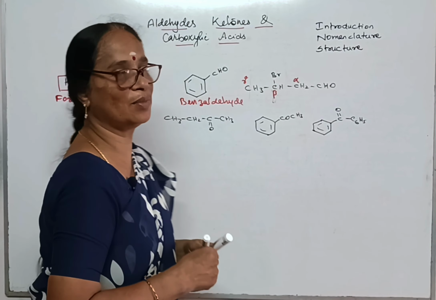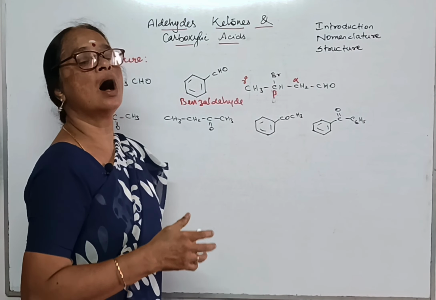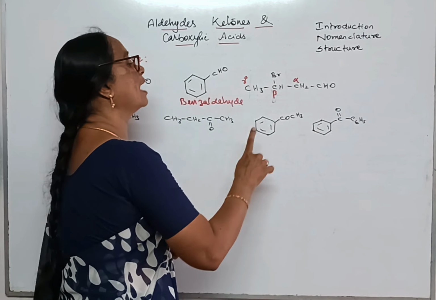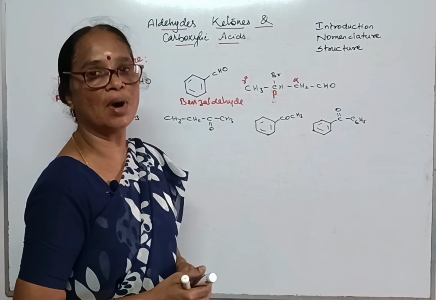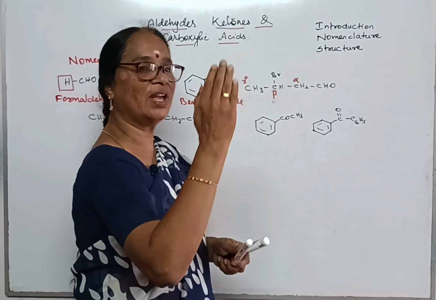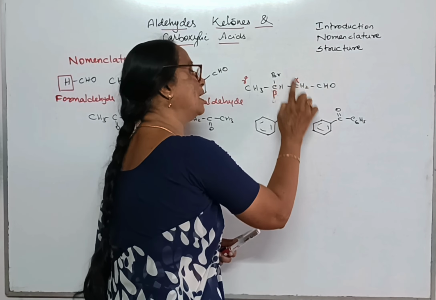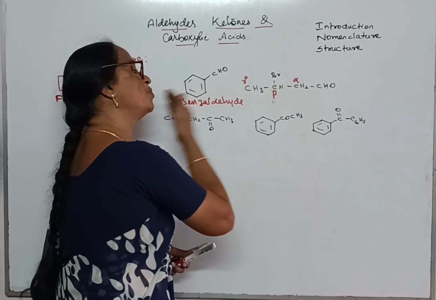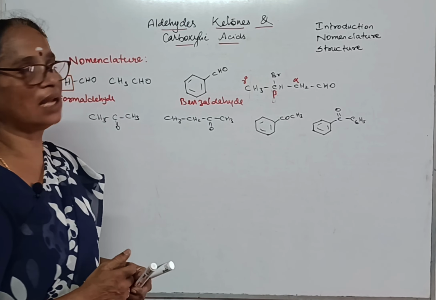So in common names, to identify the position of substituents or other groups present, they are called in terms of alpha, beta, gamma notation. The carbon very next to the functional group, or the functional group attached carbon, is the alpha carbon, and the following carbon atoms are designated beta, gamma, delta, like that.